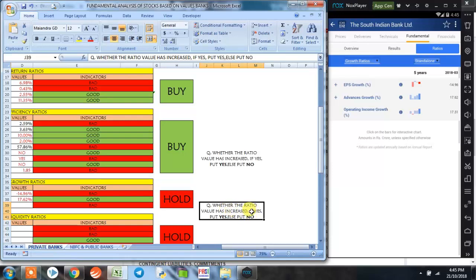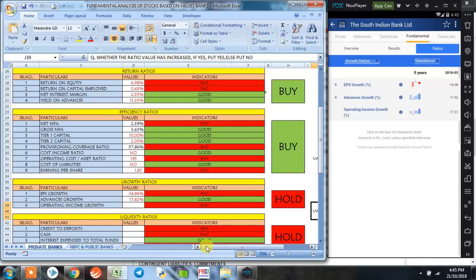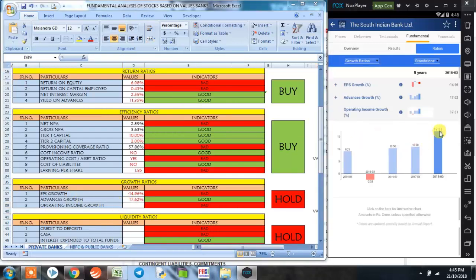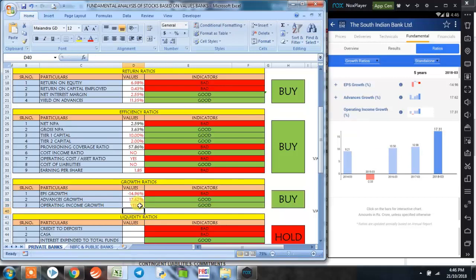If it has increased, then put yes. If it has decreased, then put no. So operating income growth has increased over the period, so yes. So growth ratio has also given us a signal to buy the stock at this point of time.